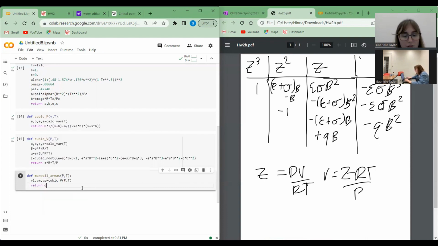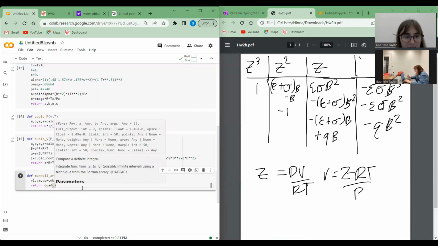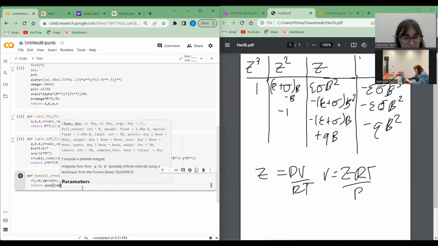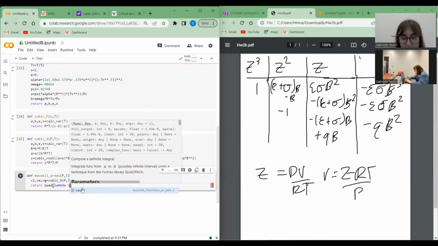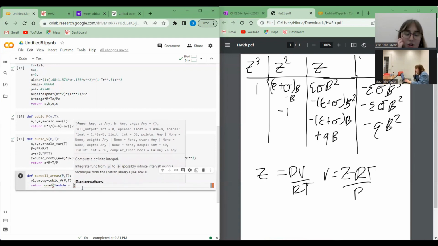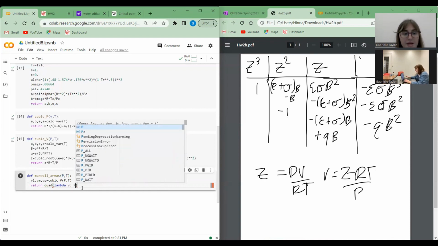And then we're going to do our quad function, and this is going to be our lambda, lambda V, because this is volume. The first thing we're going to do is pressure, because we're on the left side first, so the pressure is going to be bigger.